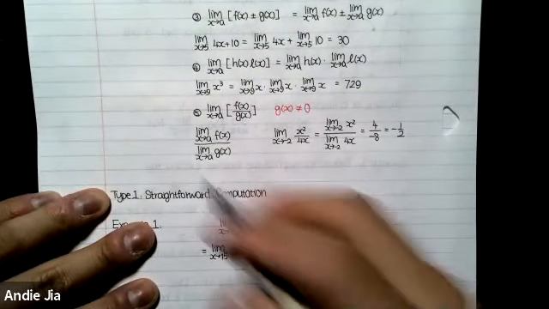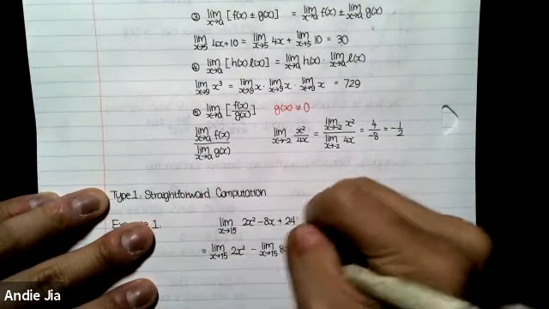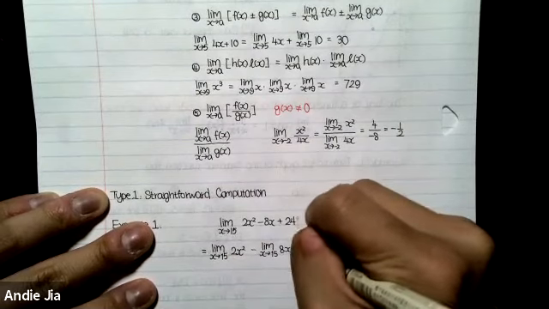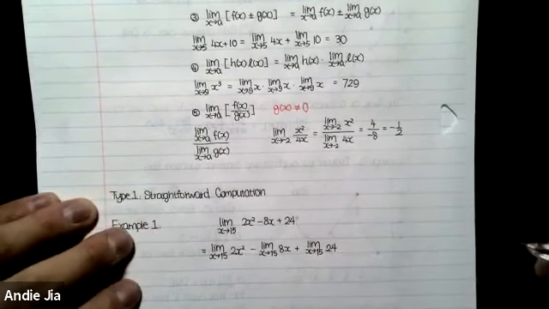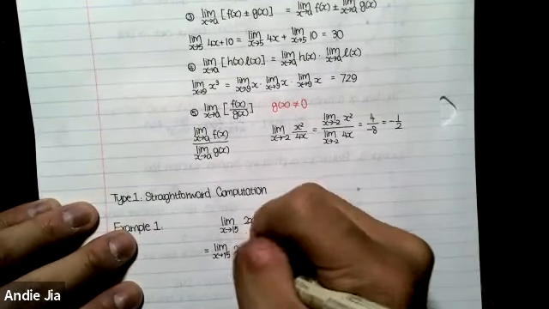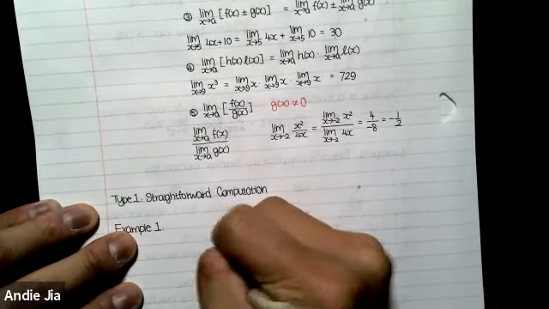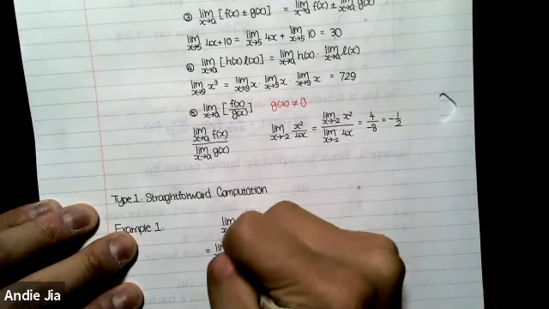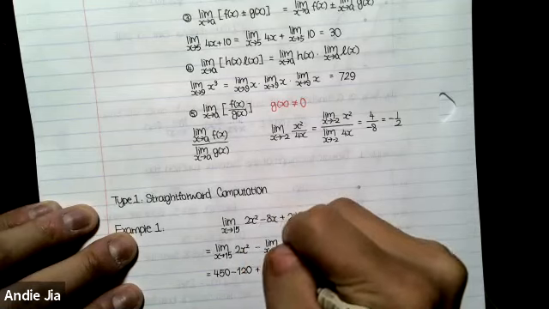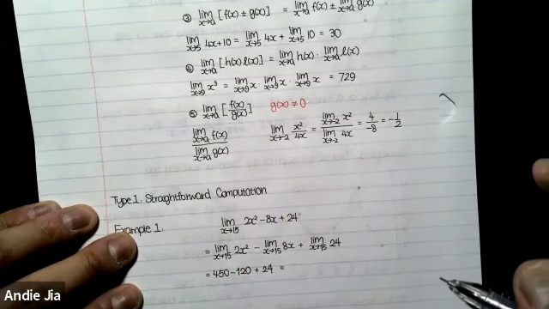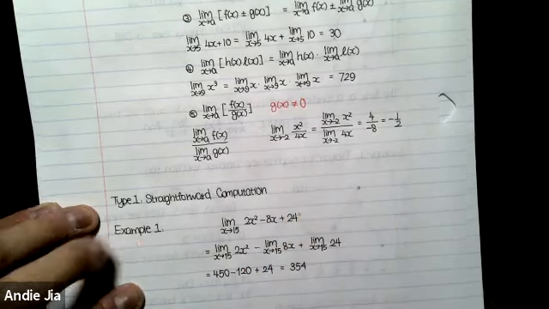Sorry for making a very small mistake, but I spotted it. What we have is 450 minus 120 plus 24. It is 354. That is the limit.